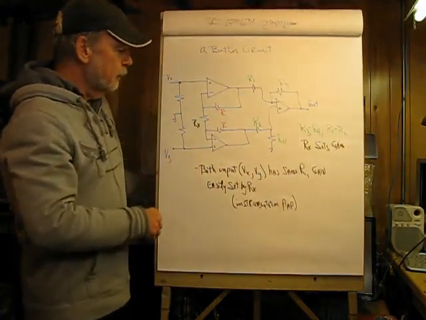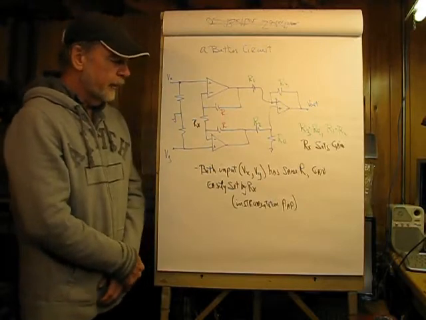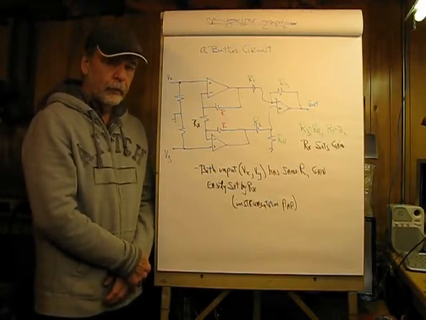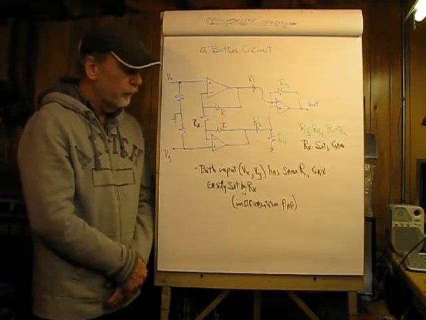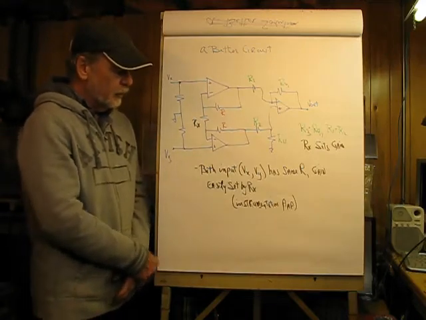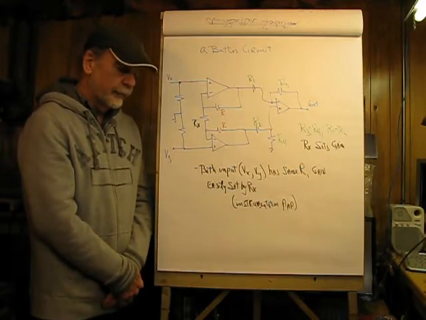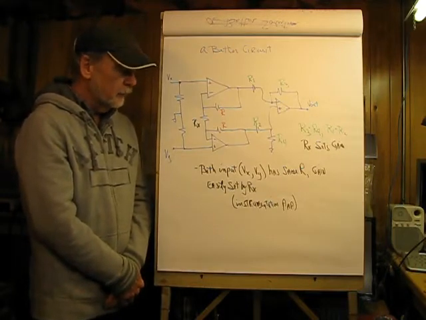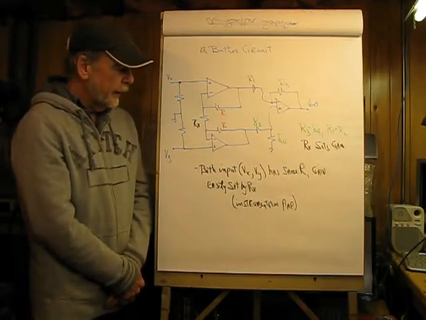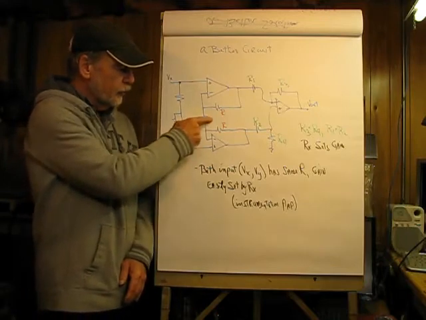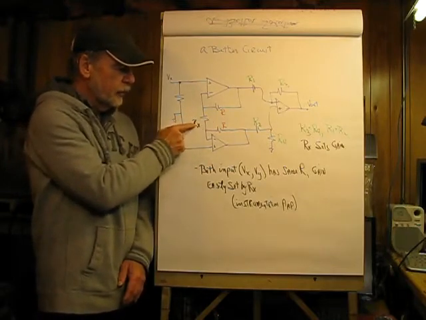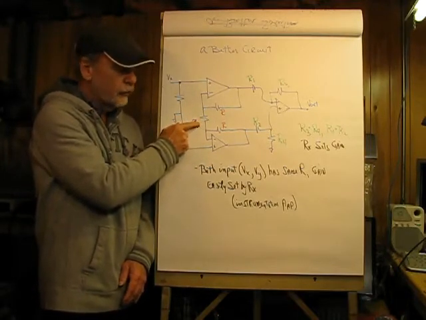Now let's take a look at a better circuit, and it's better because it doesn't have a dynamic input resistance anywhere. So this is basically the core of what's called an instrumentation amplifier, which is designed to have very good characteristics. And on some of these, the only resistor that you have access to is the gain setting resistor, RX.